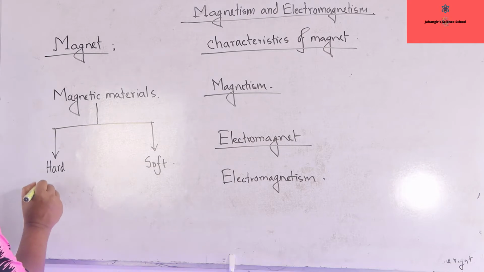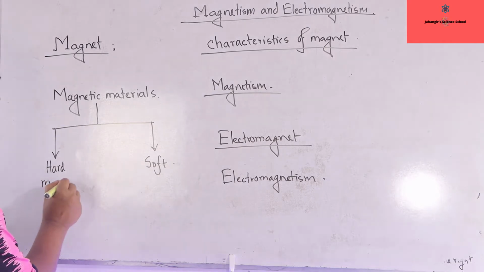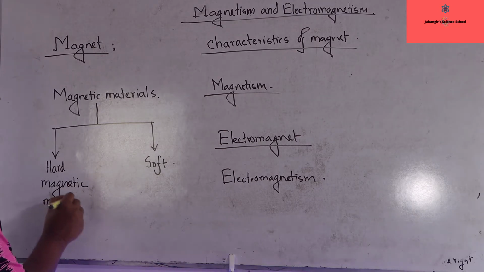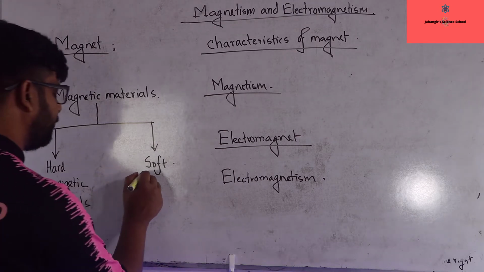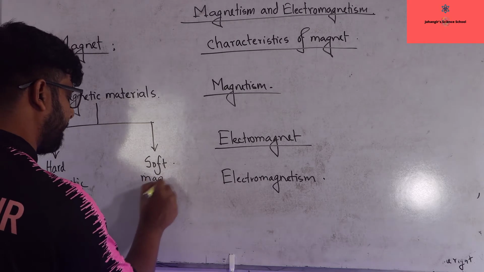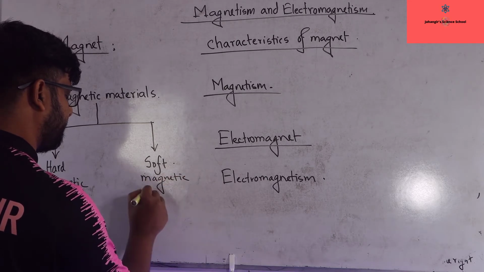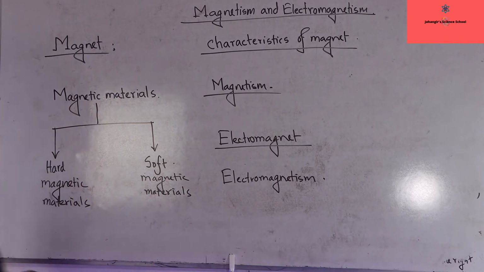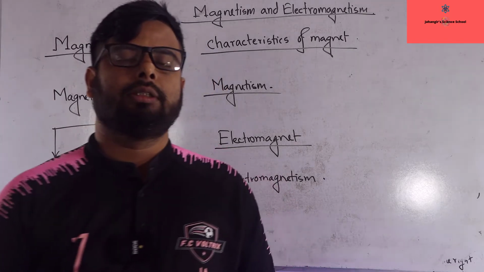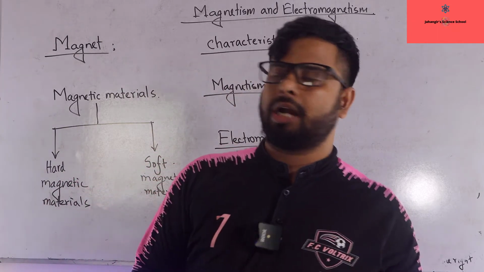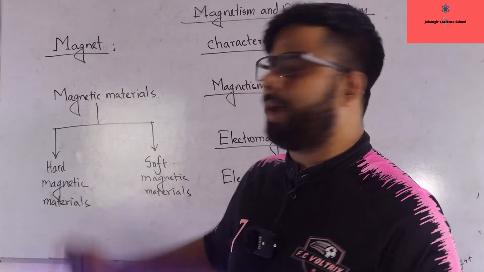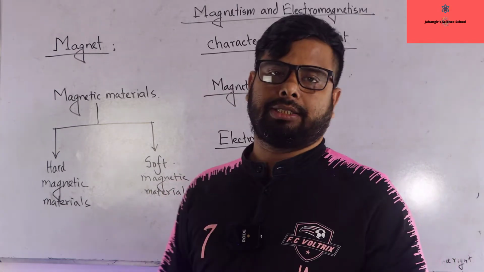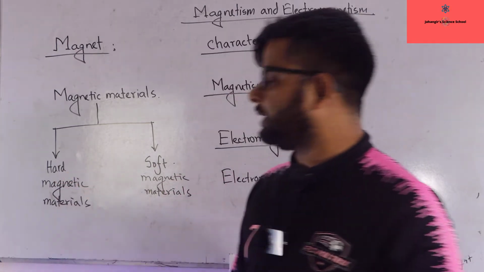So hard magnetic materials and soft magnetic material. So what is hard magnetic materials? The materials which are difficult to magnetize and difficult to demagnetize is known as hard magnetic material.